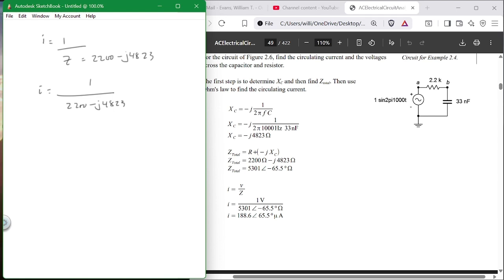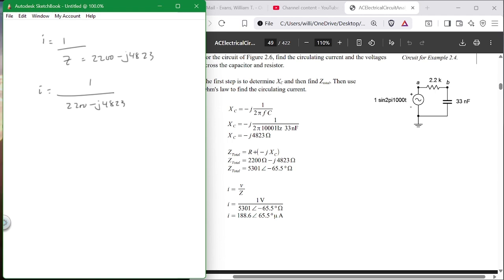And how do you find it? You don't have to go through a lot of steps. Let's do it with a calculator and find that number. Okay, it's 1 divided by, use your parentheses, 2200 minus 4823i, end parenthesis, equals.